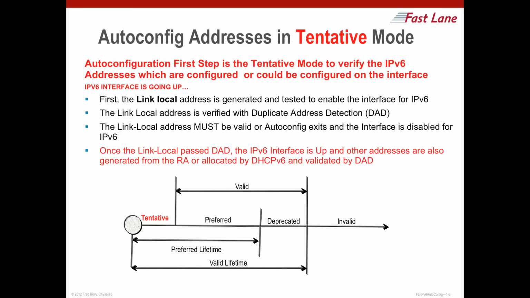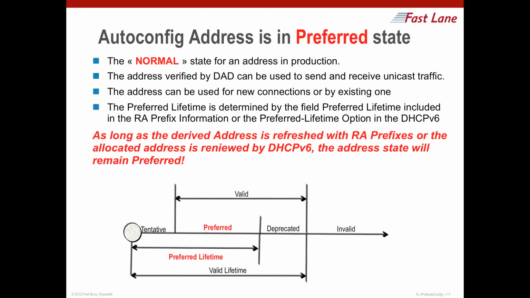So the first step is to check the link local address, and if the link local address is verified, then additional addresses may be configured. If the link local address is not verified because it is a duplicate, for instance, then the interface will not be used by IPv6.